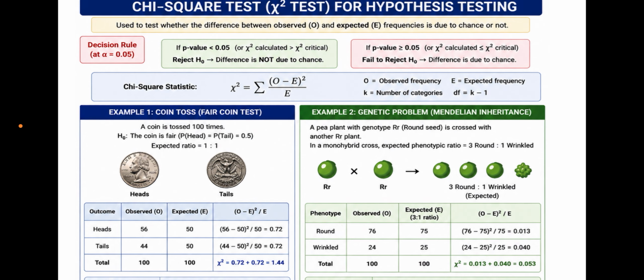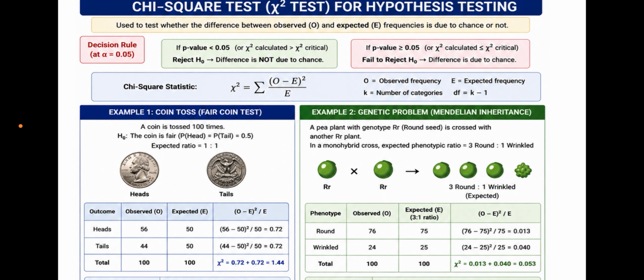The question is whether the difference between observed and expected frequency is by chance or by an experimental factor.